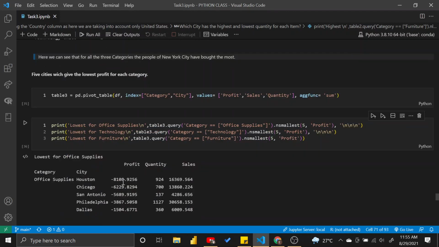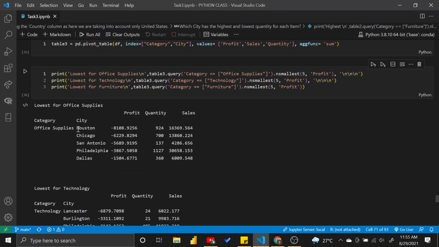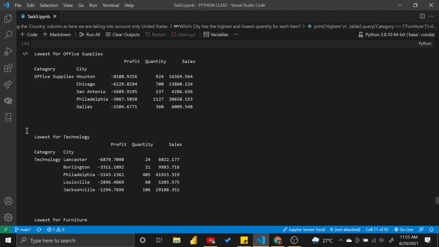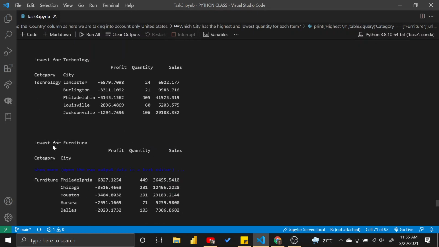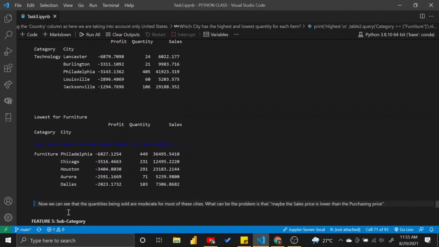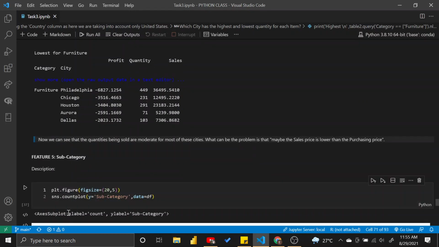In office supplies, we have Houston, Chicago, San Antonio, Philadelphia, and Dallas. In technology, Lancaster, Burlington, Philadelphia, Louisville, and Jacksonville. And for furniture, we have Philadelphia, Chicago, Houston, Aurora, and Dallas. So you can focus on these cities as well.